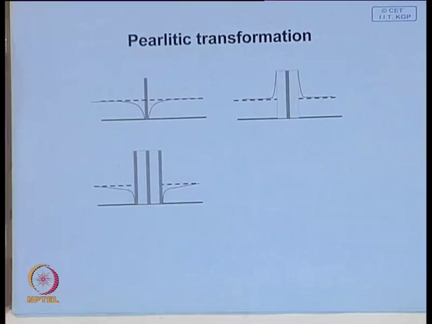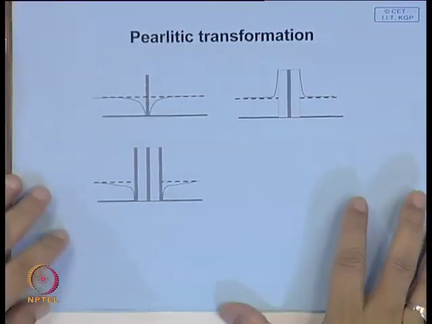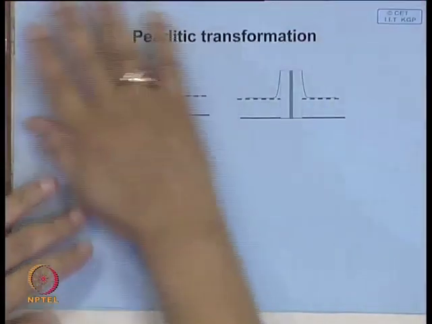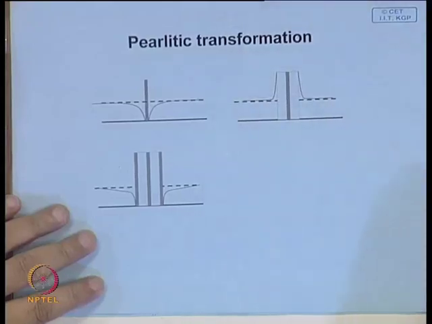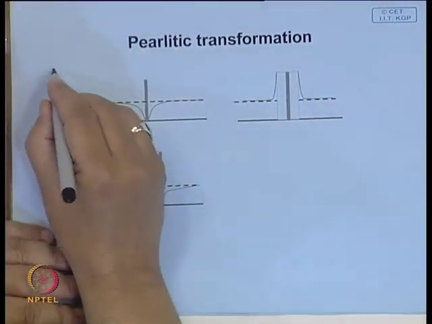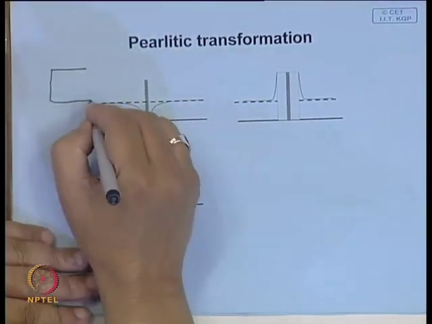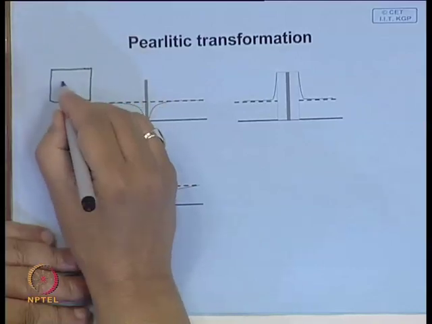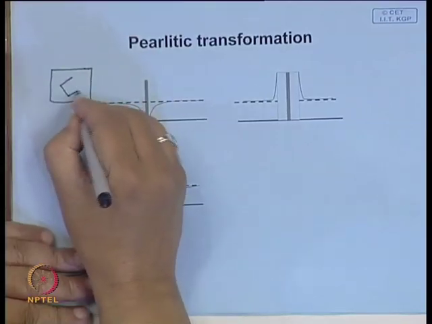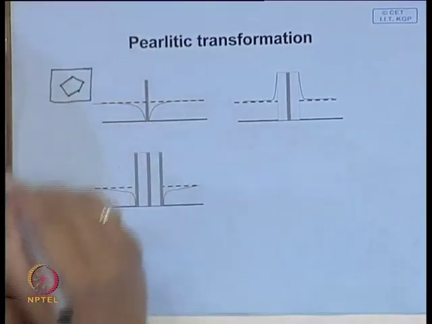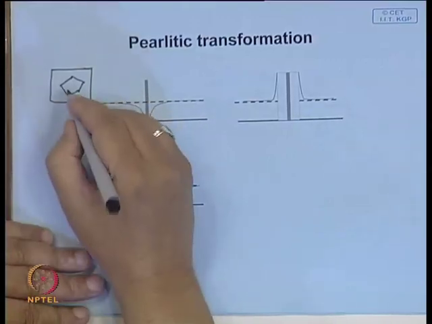Now, a critical look at how pearlitic transformation actually takes place. Let us look at the mechanism by which pearlite forms in an austenite matrix. Say suppose here you have an austenite grain. How does this pearlite form?